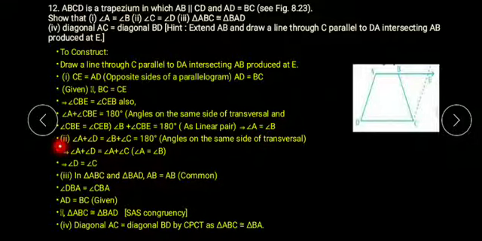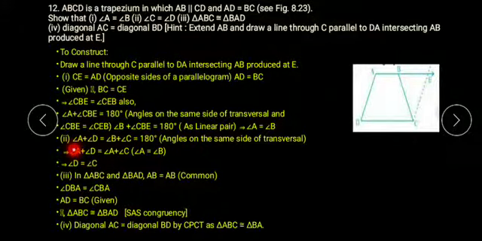Now number 2, we have to prove angle C equal to angle D. Now see, angle A plus angle D equal to 180 degree and angle B plus angle C also equal to 180 degree, because they are on the same side of the transversal.